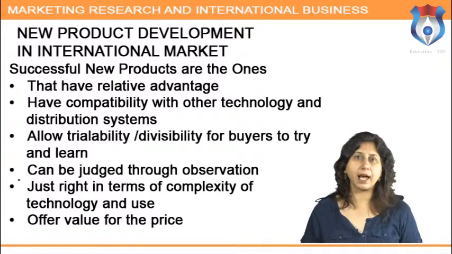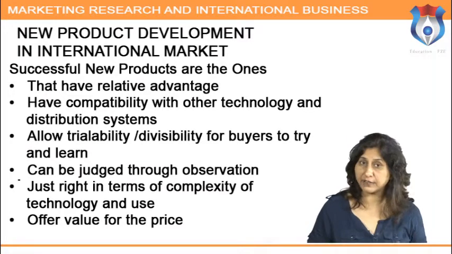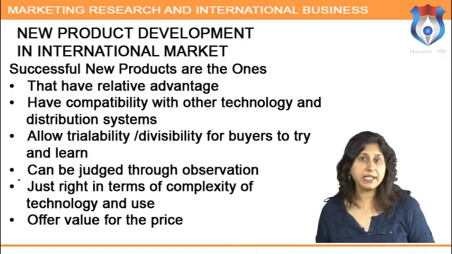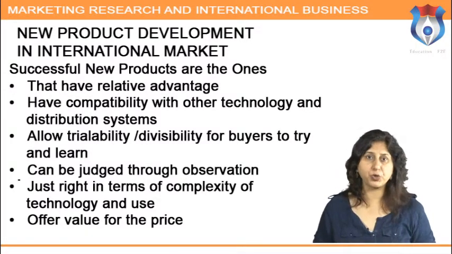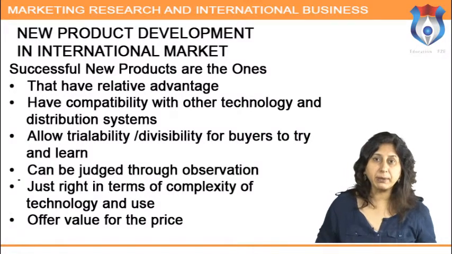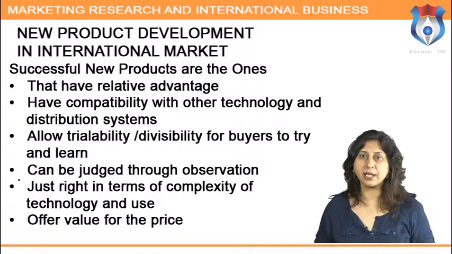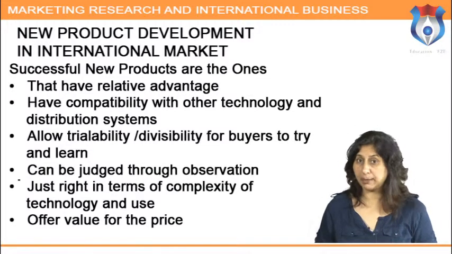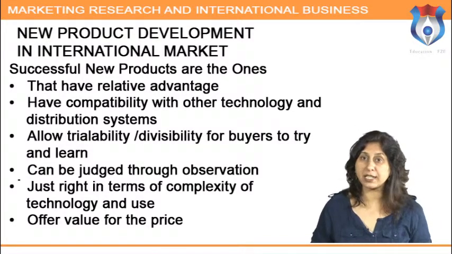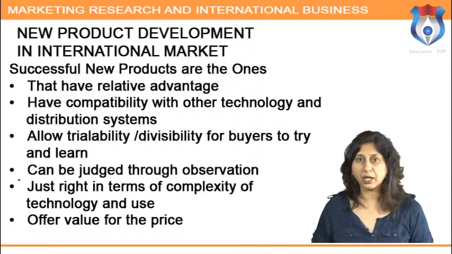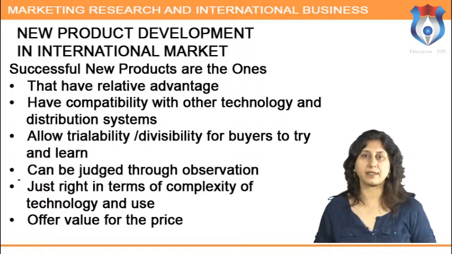Successful new products are the ones that have relative advantage, have compatibility with other technology and distribution systems, allow triability and divisibility for buyers to try and learn, can be judged through observation, are just right in terms of complexity of technology and use, and offer value for the price.